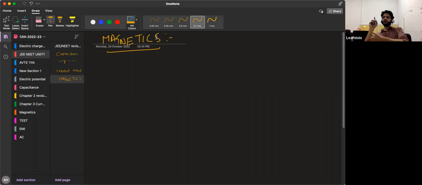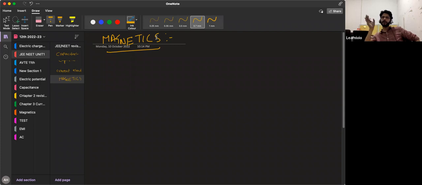There is not even a single topic which is in the syllabus of JEE and not in CBSE. Cyclotron is removed from both, so you won't get a question in JEE either. There's only one small application of Biot-Savart's law, which is basically a derivation, in the JEE syllabus but not in NCERT. Other than that, the whole syllabus is the same.